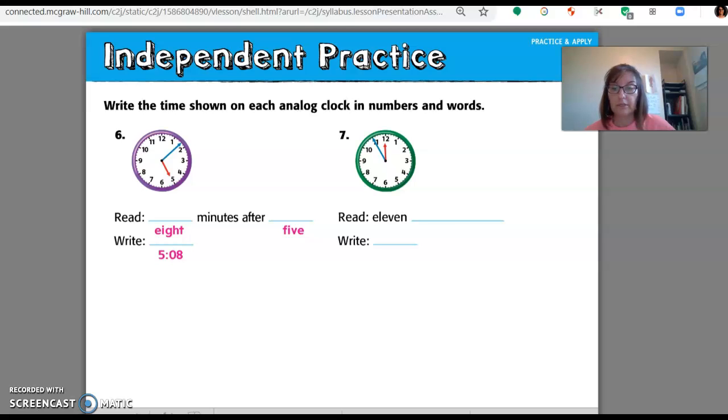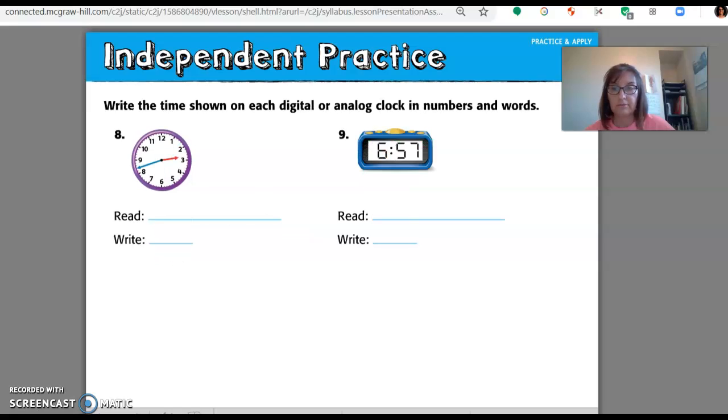All right, I said we would do the evens, so we're going to skip to number 8. Write the time shown on each digital or analog clock in numbers and in words. So on this one, let's go ahead and look at our red hour hand. It's past the 2, but not quite to the 3. So our hour is 2.